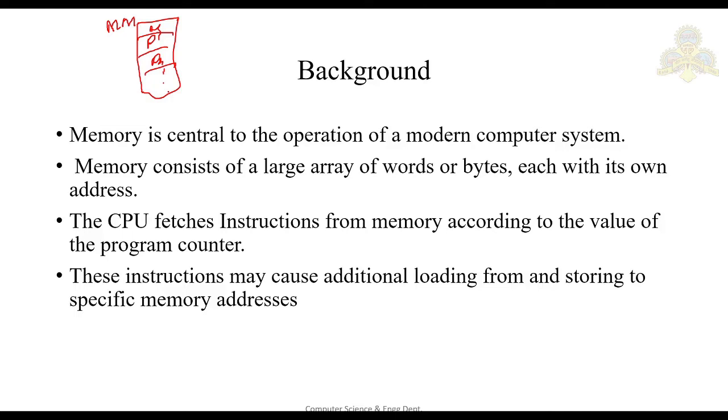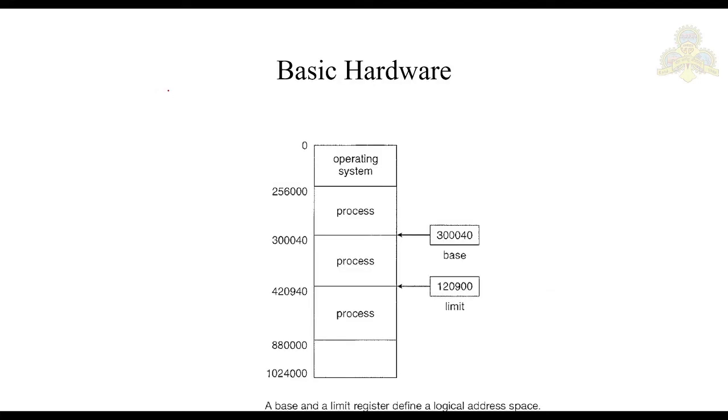Okay, so we need to provide some protection to each process, and that can be done using two registers. One is your base register and the second one is the limit register. To understand that, we'll see the basic hardware here. This is your main memory.